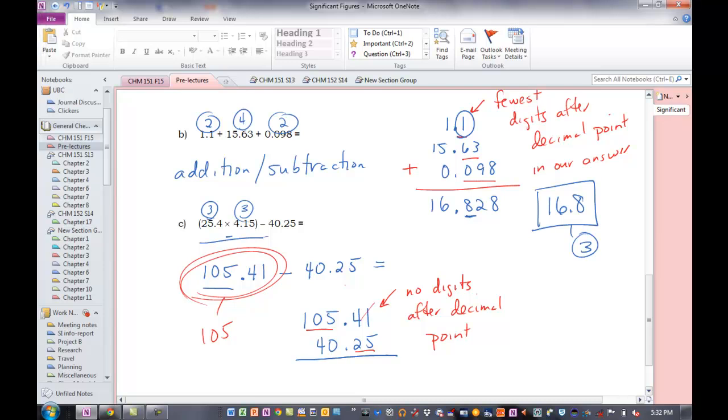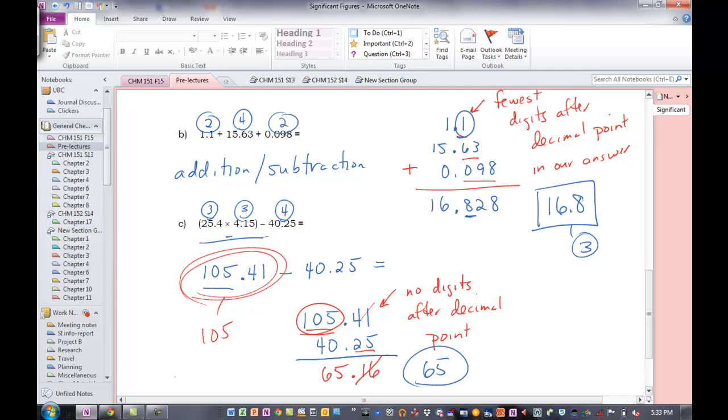So I'm going to take 105.41, subtract 40.25, I get 65.16, but remember, I'm not going to carry any digits after the decimal point because this number 105 did not have any, and I'm going to express this answer as 65. Okay, 2 digits. And again, look at what we ended up with.